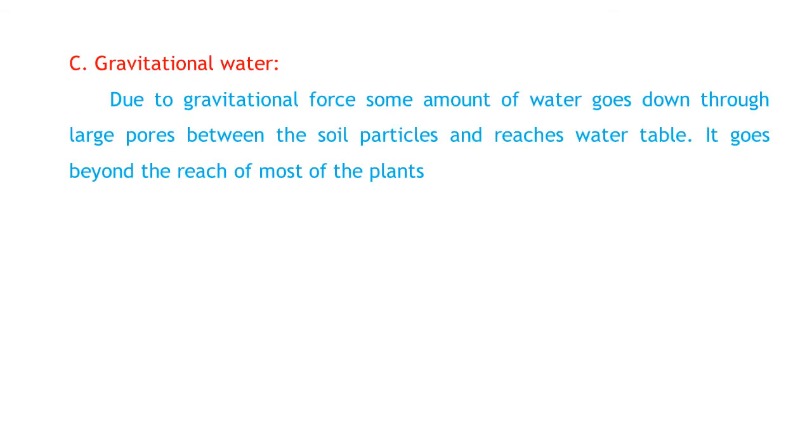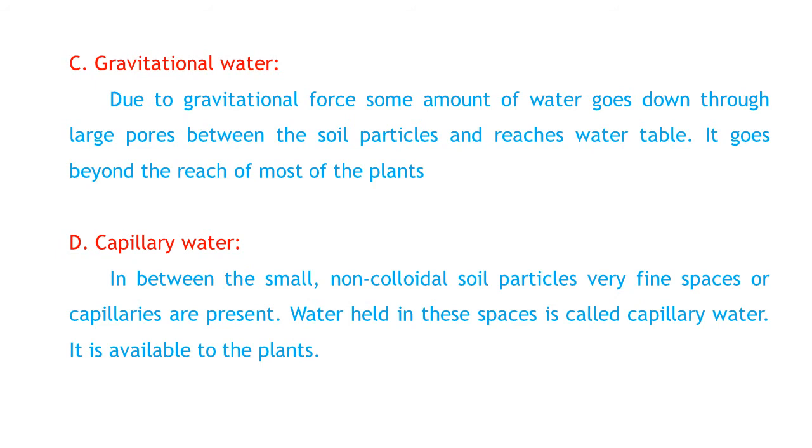Gravitational water. Due to gravitational force, some amount of water goes down through large pores between the soil particles and reaches the water table. It goes beyond the reach of most of the plants. Capillary water. In between the small soil particles, very fine spaces or capillaries are present.